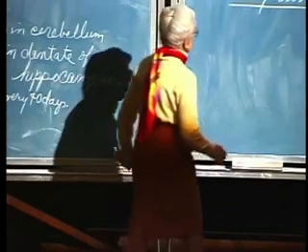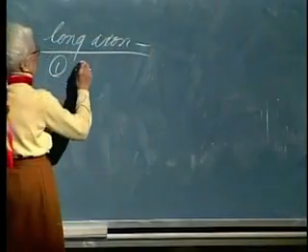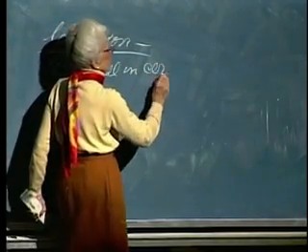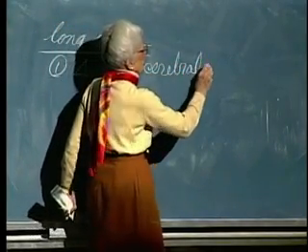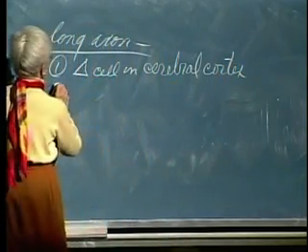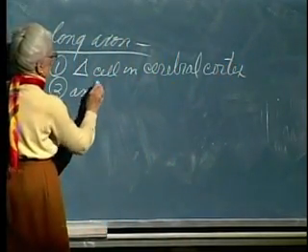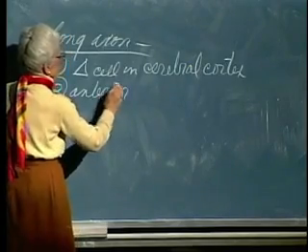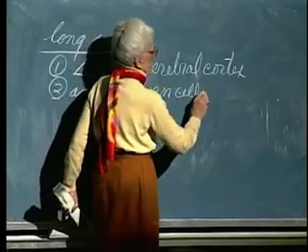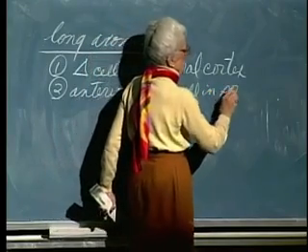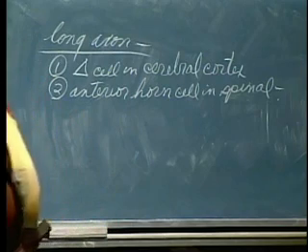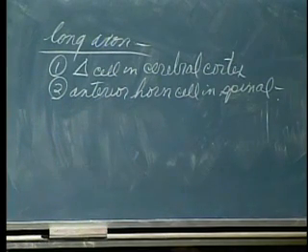So one of the places here, it could be a pyramidal cell in cerebral cortex. Or it can be an anterior horn cell in spinal cord. Does anybody know anybody who has polio, or have we eradicated it completely?